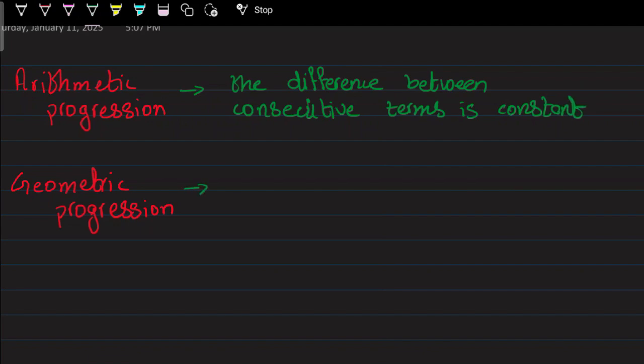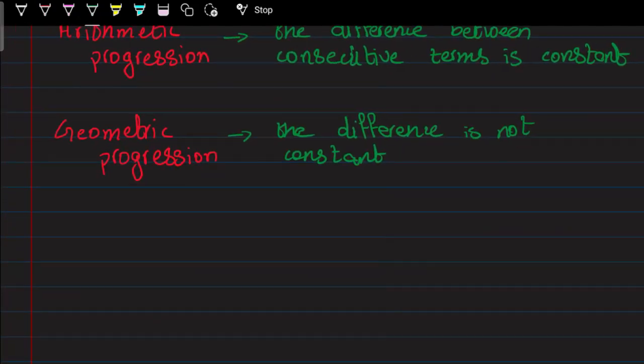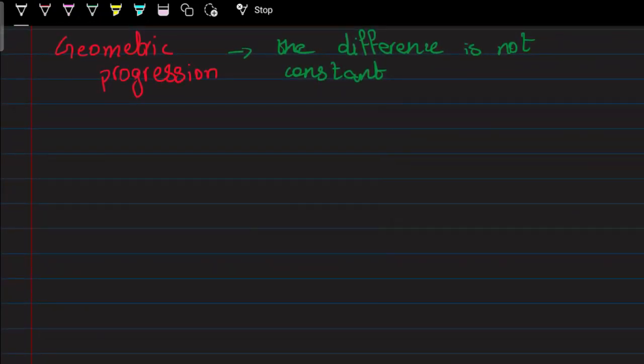And in the geometric series the difference is not constant. And so let me give you an example first of the arithmetic progression. So I'll write AP right here.